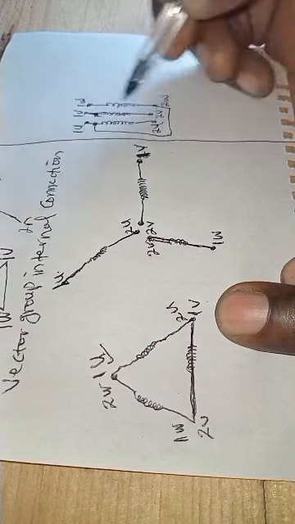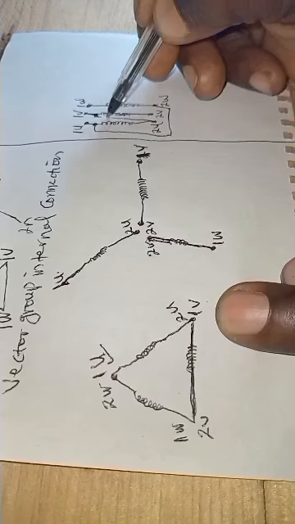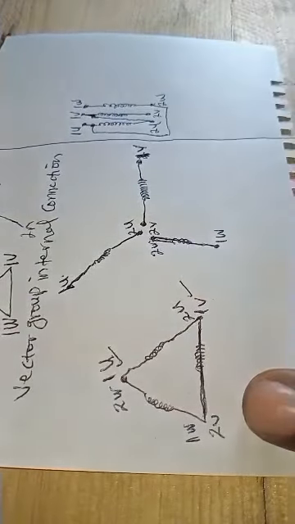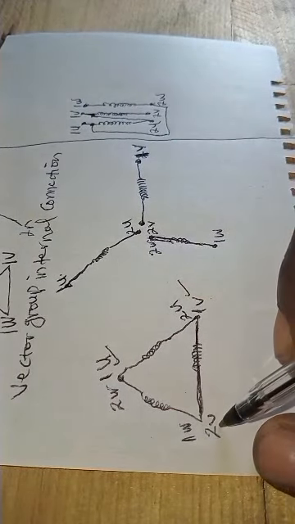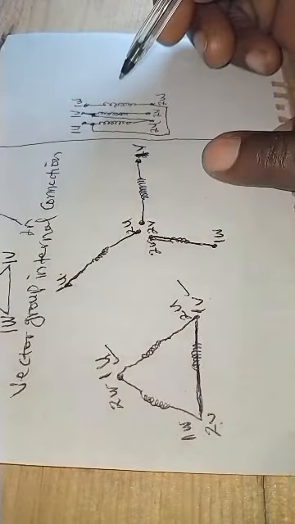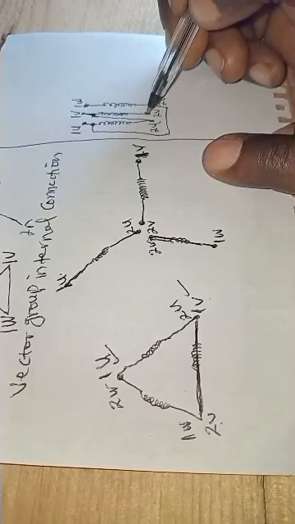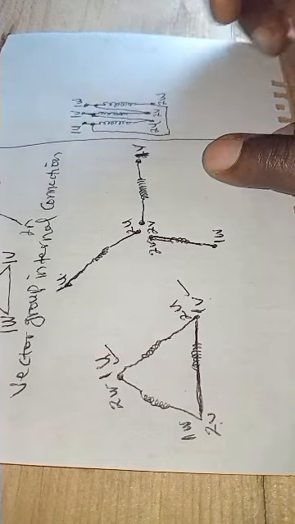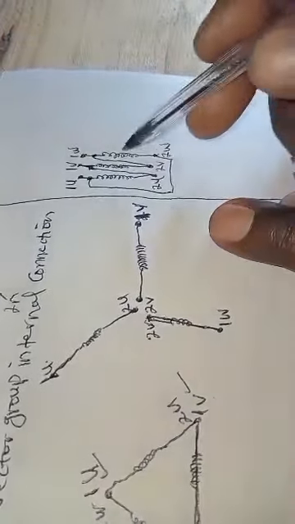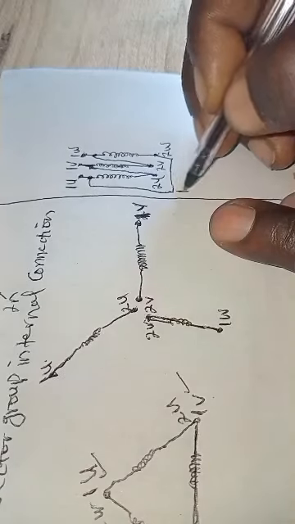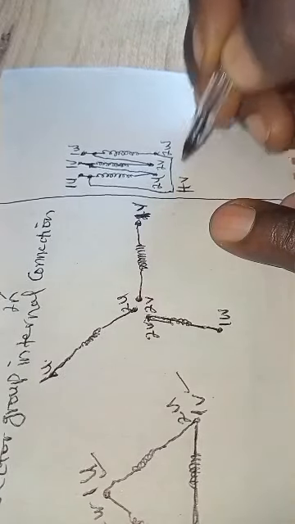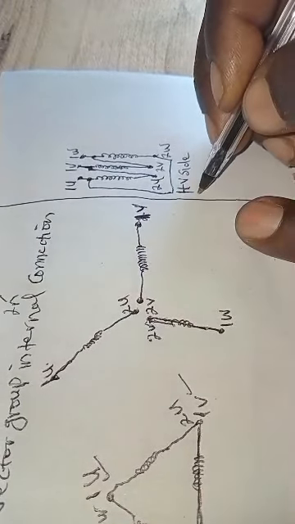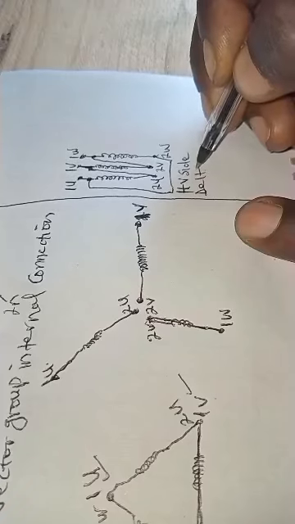Connect them together. Now, we are done with this one also. Look at this, we have 2V, 1W. 2V is here, and our 1W is here. So our delta is formed, which is the HV side delta connection.